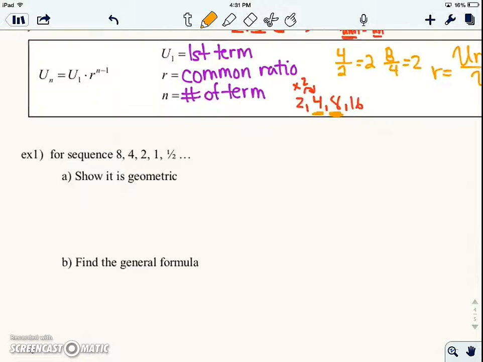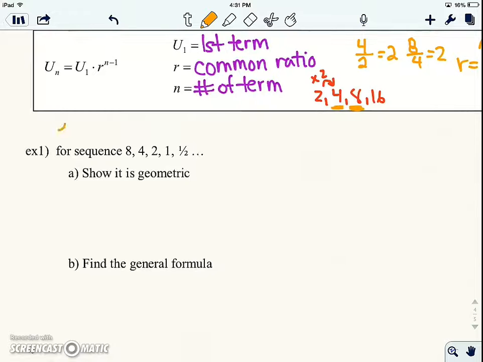Now, let me give you a couple more examples. So, for example, we could have 2, 10, 50, 250, and I think that you could find out that the r there is 5. If not, you'd go 10 divided by 2 is 5, 50 divided by 10 is 5, 250 divided by 50 is 5.